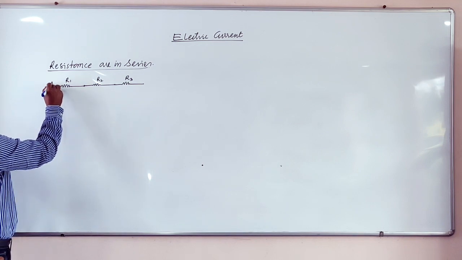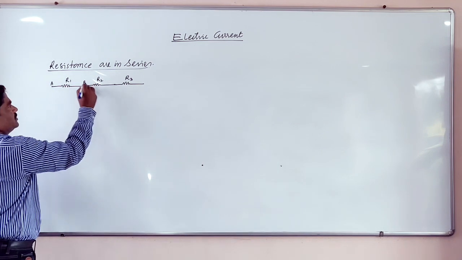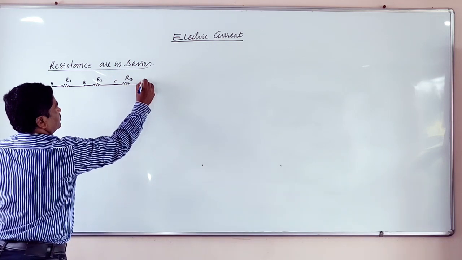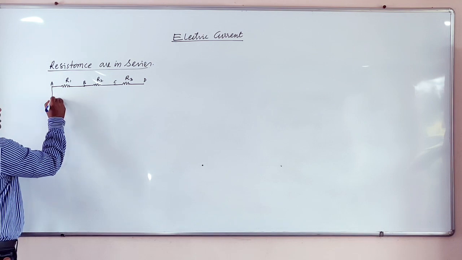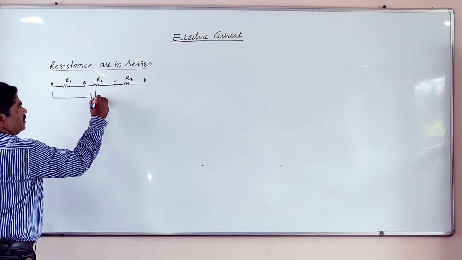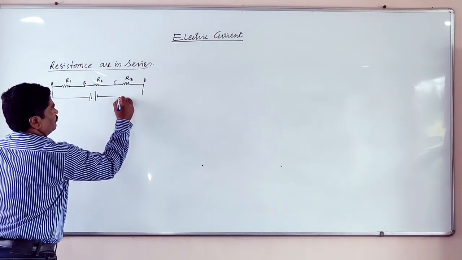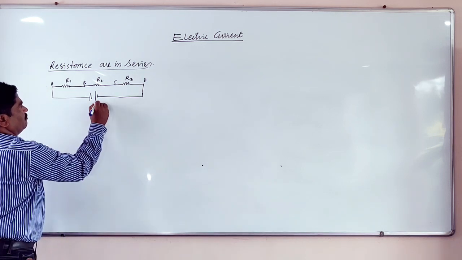The extreme ends, AB is the first resistance, BC is the second, CD is the third resistance, and these extreme ends are connected with a battery of potential difference V.